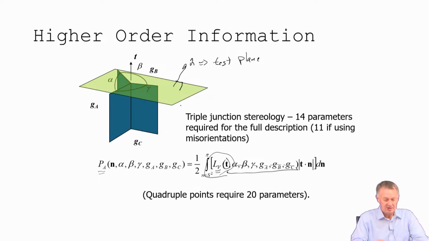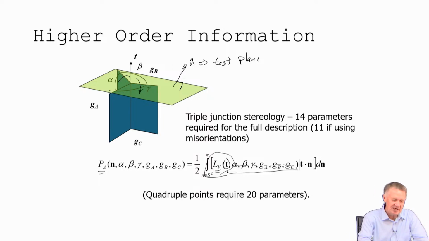But the point is, now if we use all the functional dependence of a triple line, we want to include all that. There's 14 parameters if we have an external reference frame, or 11 if we use misorientations to describe it. Because if we're using misorientations, we can go from A to B, give us that misorientation, B to C, give us that misorientation.